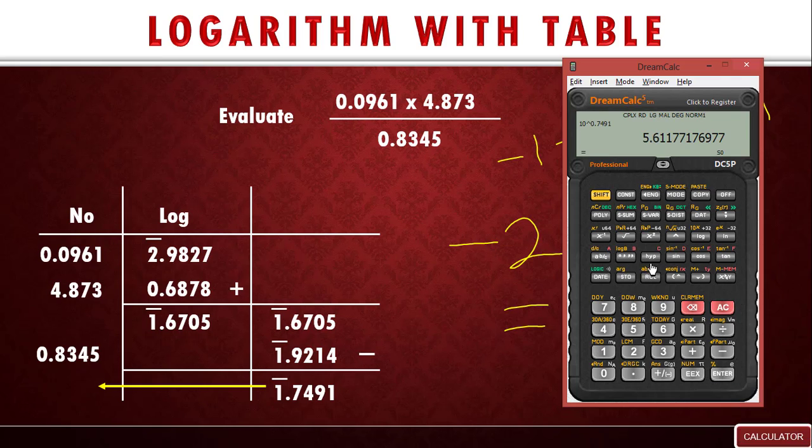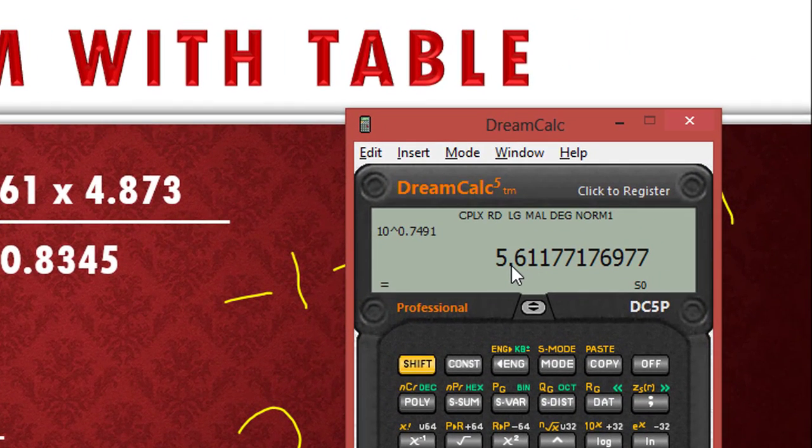Then I don't want you to be confused right here, so we only need the first 4 digits. So we are going to exclude this decimal now. Pretend as if the decimal is not there and just have 5, 6, 1, 1. Then check the other numbers if we need to approximate them to the last 4 digits.